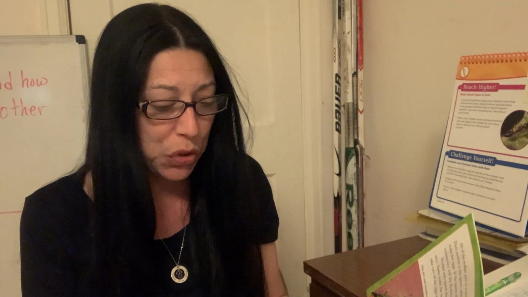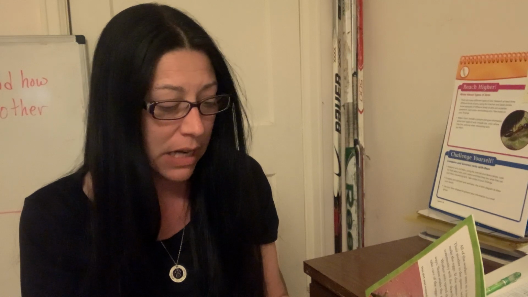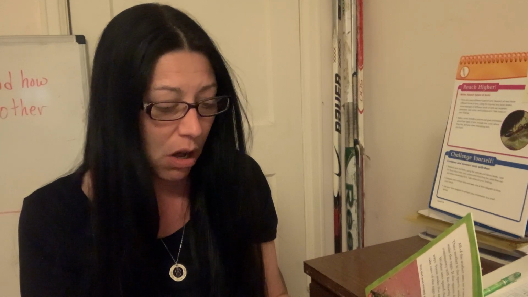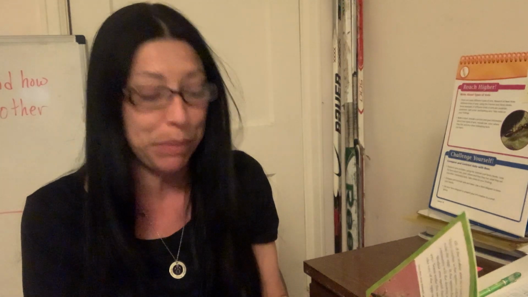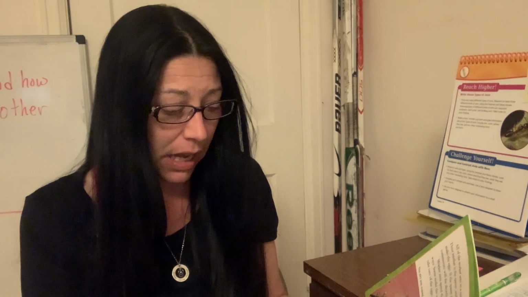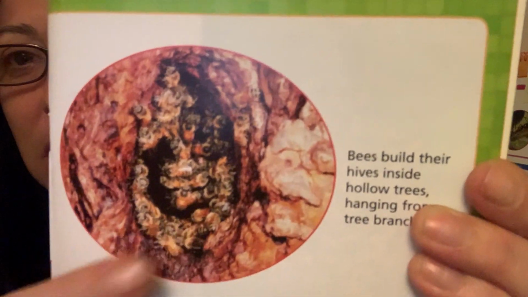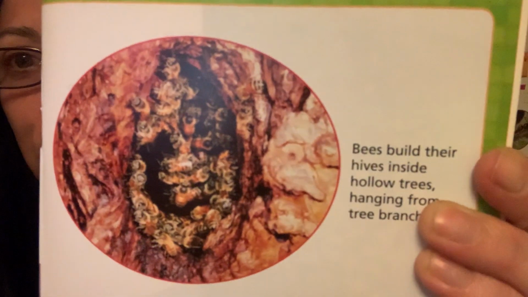About 2,000 of the bees in a typical beehive die each day. So some of the workers are also undertaker bees that carry the dead bees away. And there's a picture of a beehive inside a hollowed out part of a tree.